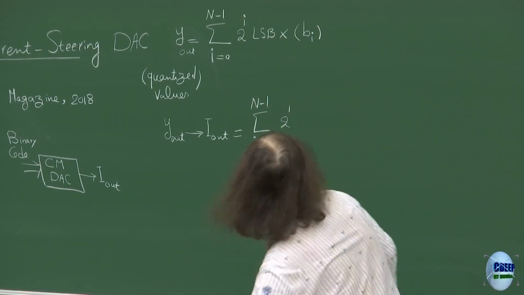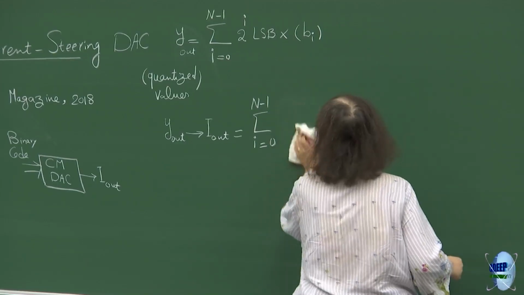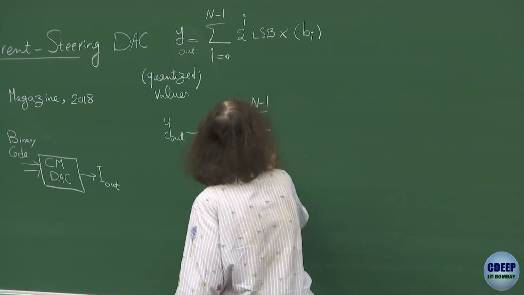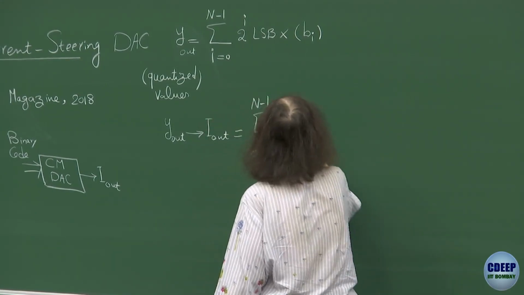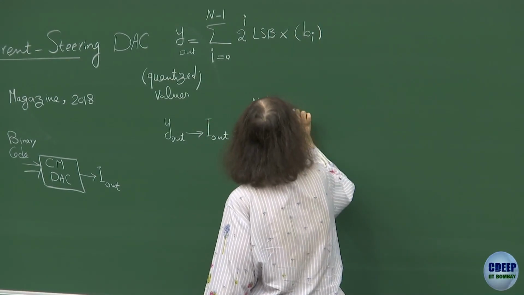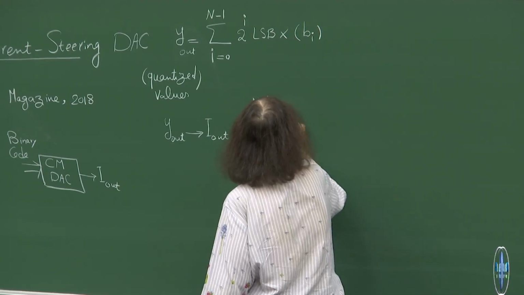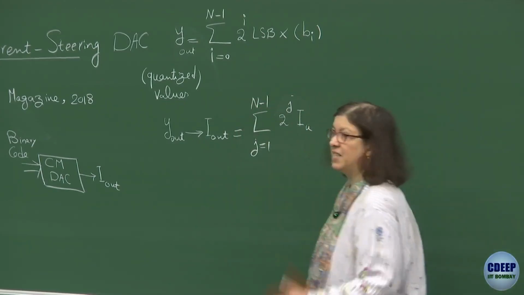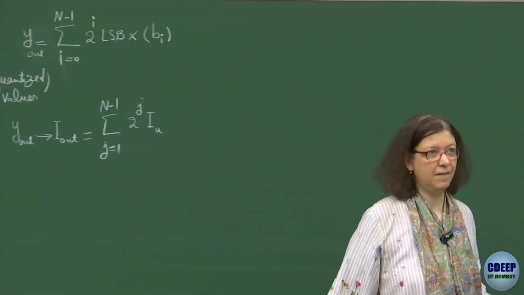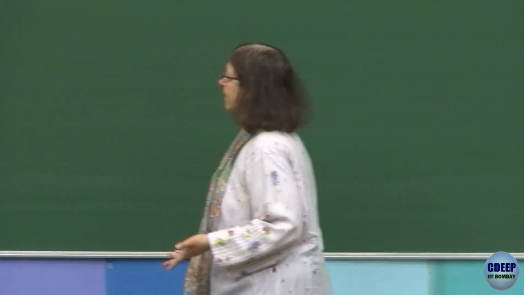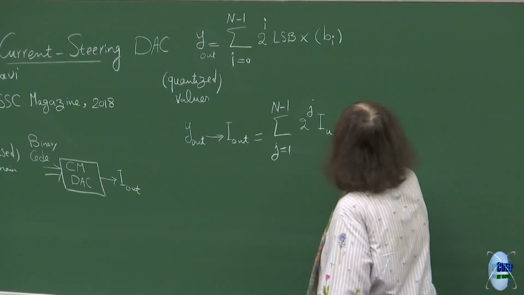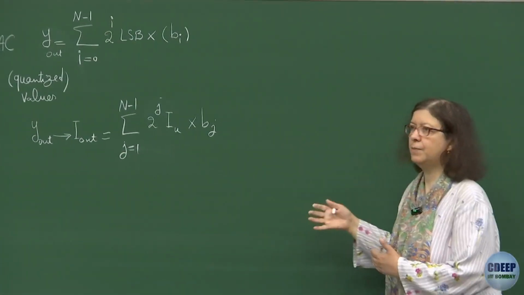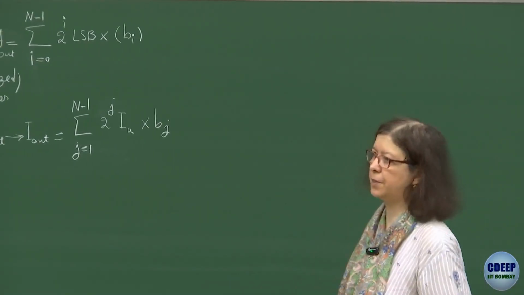And this current, maybe I will call it J, because we have current I as well. So this current is 2 to the power J multiplied by some unit current, just like the unit capacitor we have. Here we have a unit current, the equivalent of LSB, multiplied by Bj. That's a mathematical description of a current mode DAC.